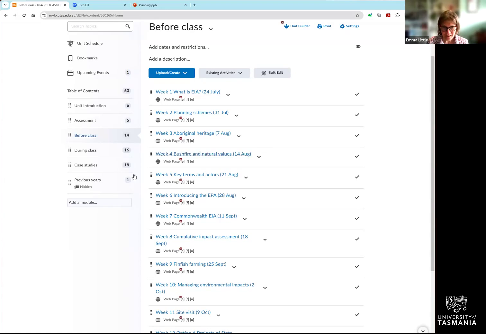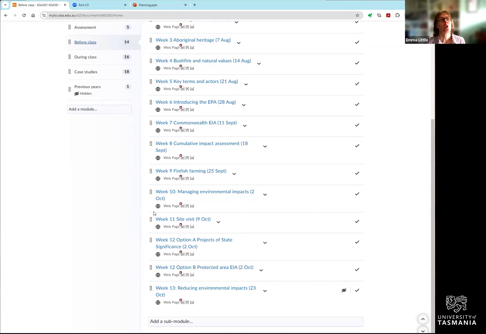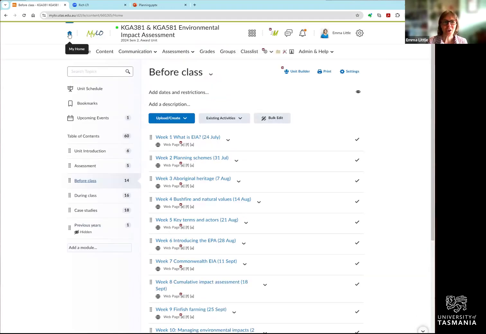This unit steps you through those, starting with a local example, building up to larger examples of things like mines, wind farms, salmon farming. And then this year, in 2024, we finished by looking at the environmental impact assessment of the stadium, because all the documents were available at just the right time of semester. A very unusual occurrence where those things line up really nicely for teaching purposes, but we hit the sweet spot this year.